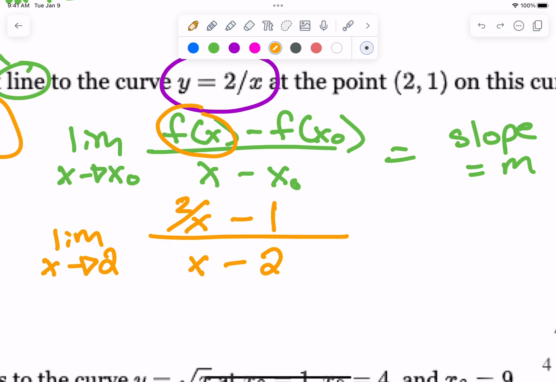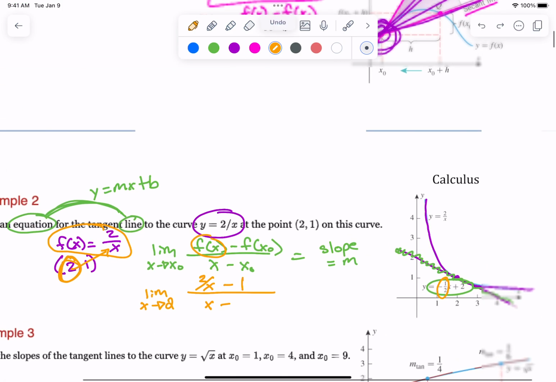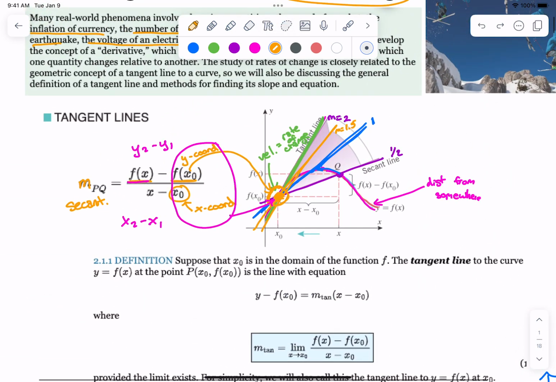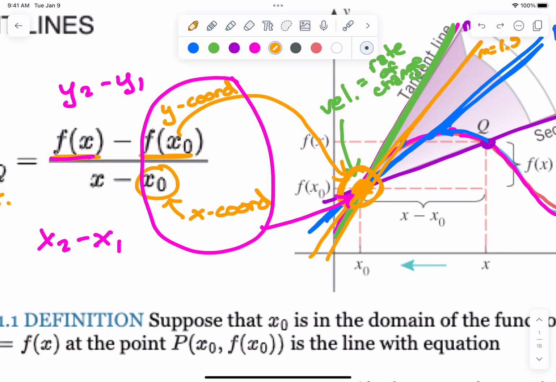Why does it say when we started that this is the y coordinate? What you talking about? On my notes, it just says y coordinate. Oh, we're finding the y coordinate. We're finding what f of x is. Maybe I shouldn't write it like that. We're trying to find what the output value is.